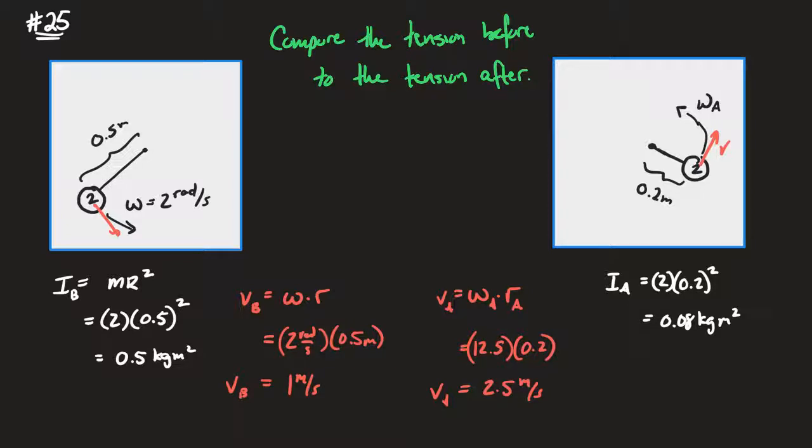That's what I would likely ask. Compare the tension in the string before to the tension after, which will throw some of you for a loop. That's why it would be worth fewer points.